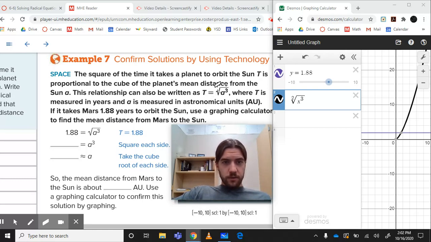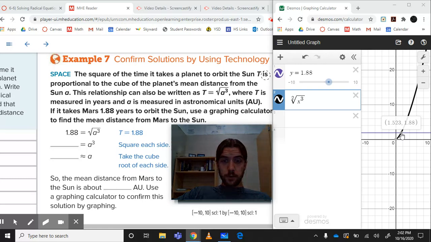And since the measurement of Mars through the sky has been done, we've seen how long it takes to go around the sun, we can confirm that this is true using a graphing calculator by writing out this equation, saying that the time was indeed 1.88 years, and we know that ought to be the square root of the distance cubed. We can go through, therefore, on a graphing calculator to easily find that distance, 1.5 astronomical units.